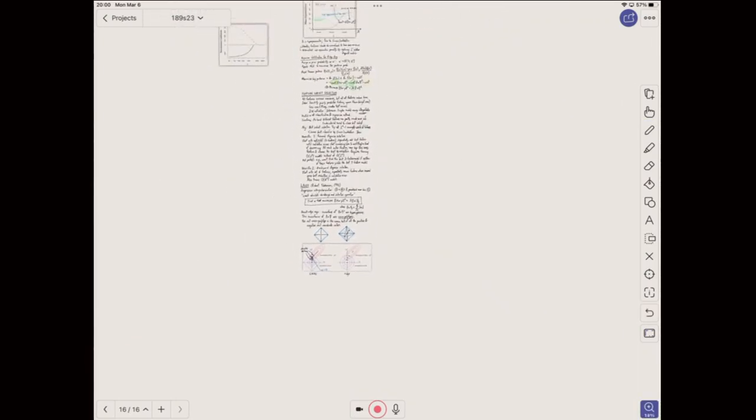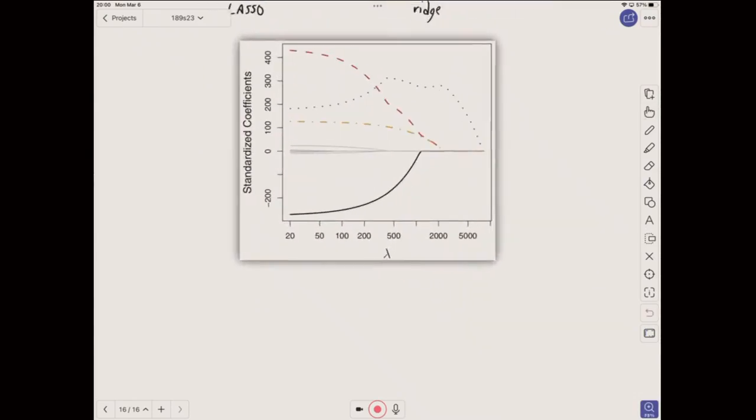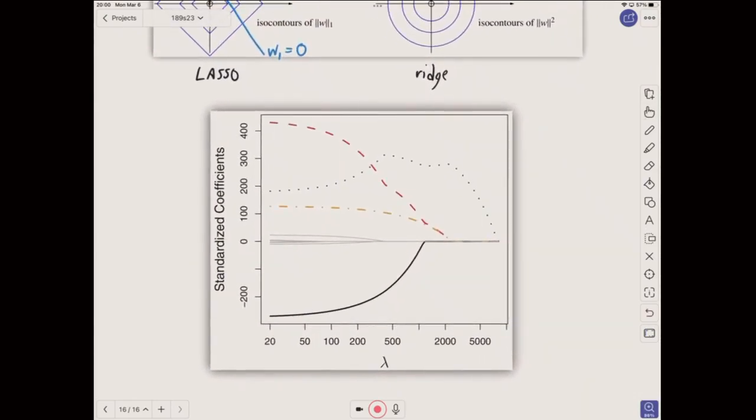Now, there is an interesting illustration in one of your textbooks that shows what happens to the weights in a simple ridge regression problem. I think this one has 10 variables. And the x-axis here is we're increasing the regularization parameter lambda, more regularization.